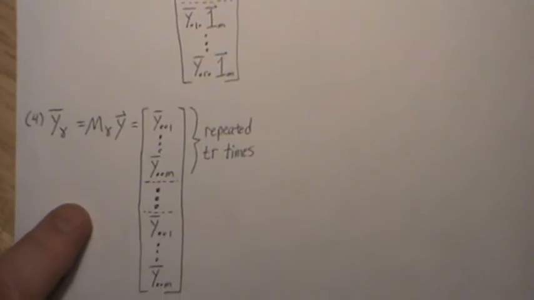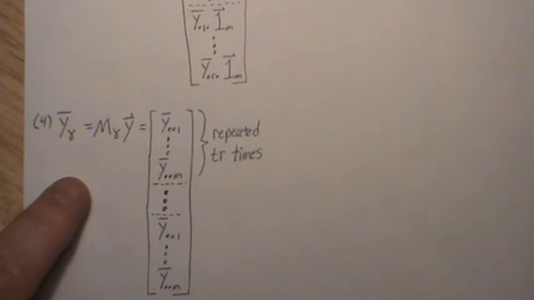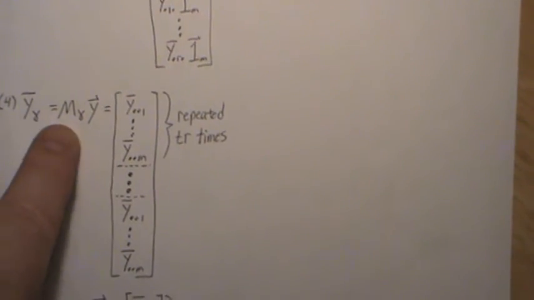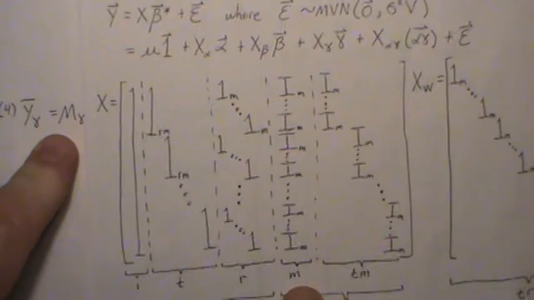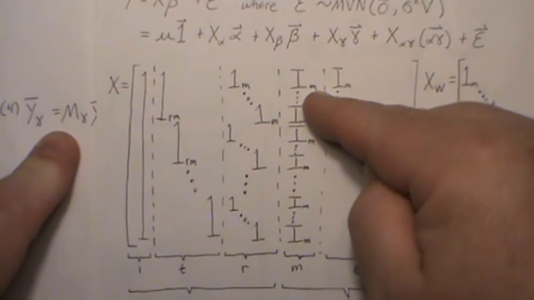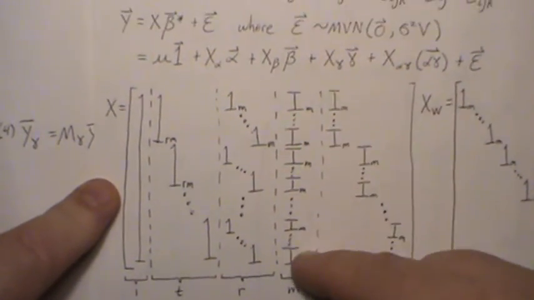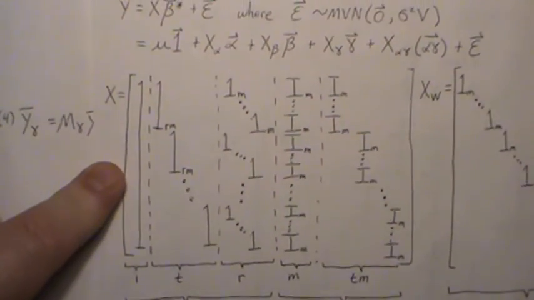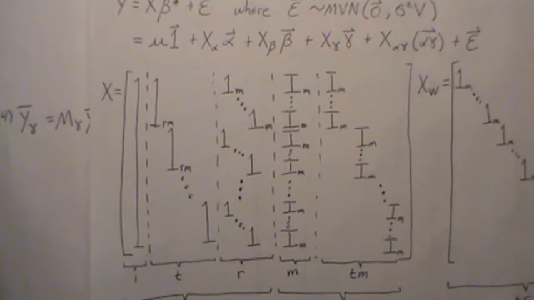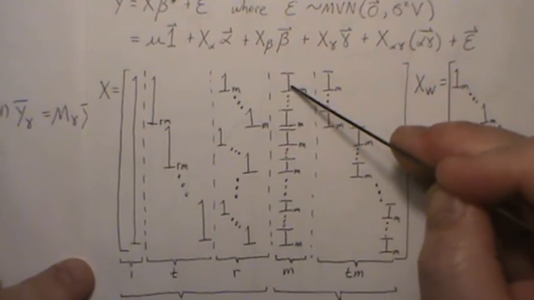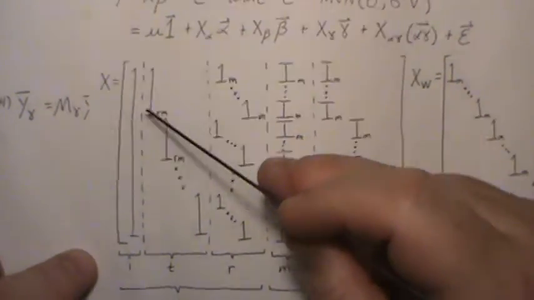And in the same way for y gamma bar, it projects it into that column space. So the column space of gamma is this. So it's the identity matrix. So there's m of them the same, but then this is repeated lots of times. Notice that every one of these is the identity matrix. You go to 1, a 1, a 1, a 1. So there's no vector like these.